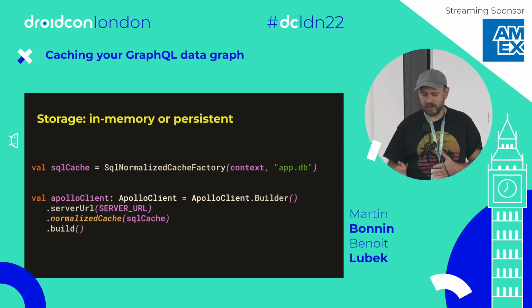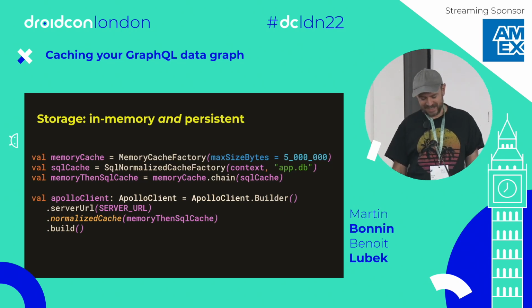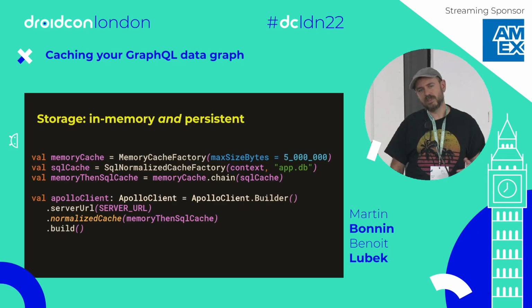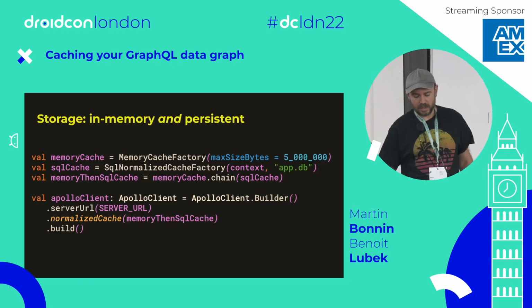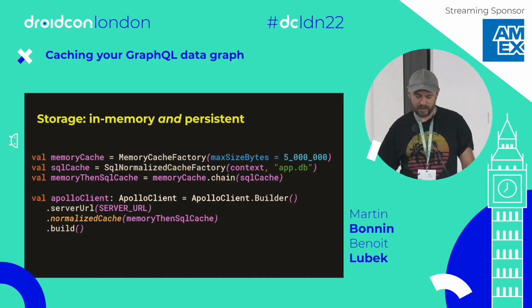It's a key value thing. You can also use both at the same time by chaining them like this. And if you do so, it will be good for performance because you will go first to the in-memory one, which is very fast, and then fall back to the persistent one, and then fall back to the network, of course, if you have a cache miss at this point.